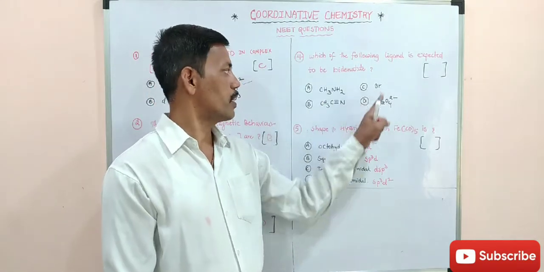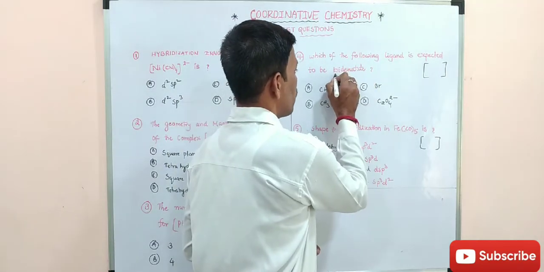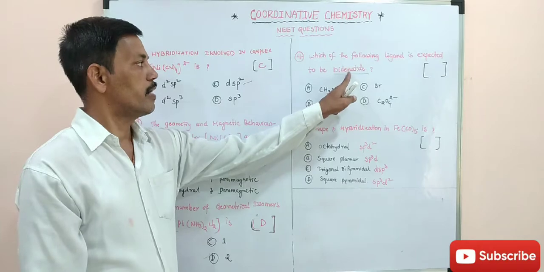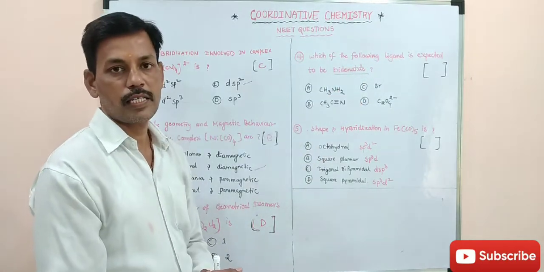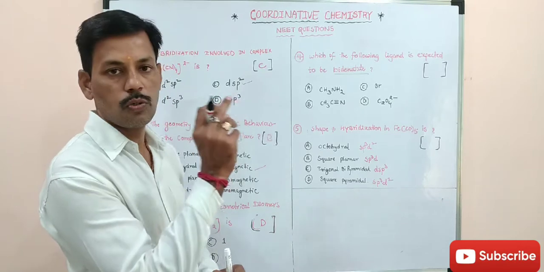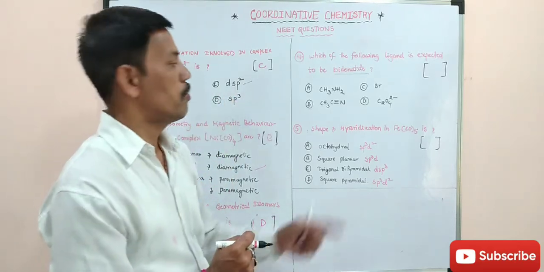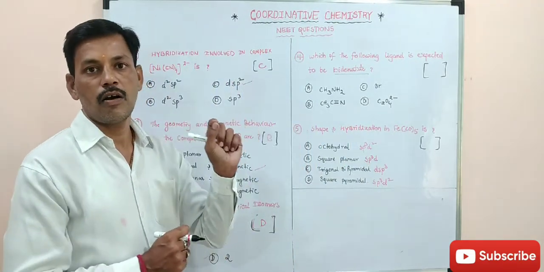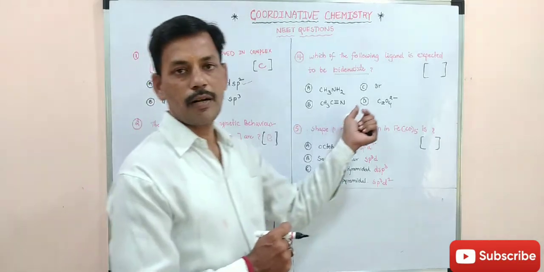Here some examples are given. They are asking which type of ligand, bidentate ligand. A bidentate ligand means two atoms or ions of each ligand give electrons to the central metal atom.